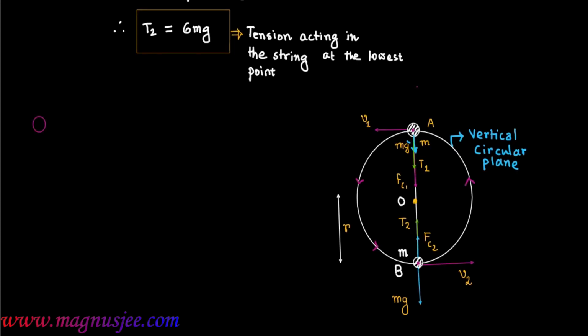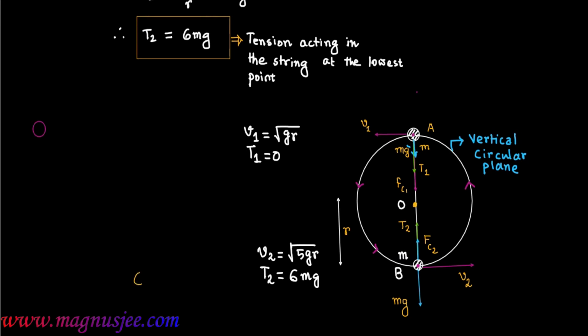Now additional information. At the lowest point B, tension T2 is 6 mg and tangential velocity V2 equals root over 5gr. At the highest point A, tension T1 is 0 and tangential velocity V1 is root over gr. So here we can memorize 6501.